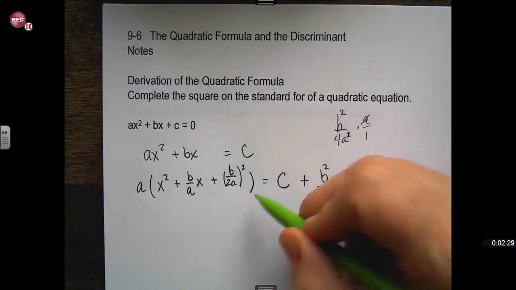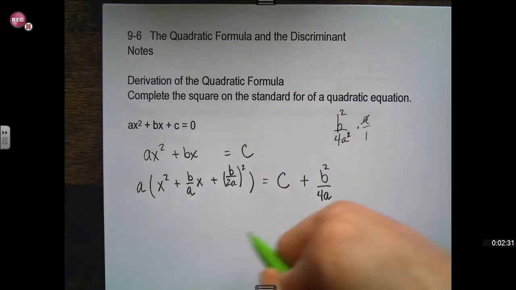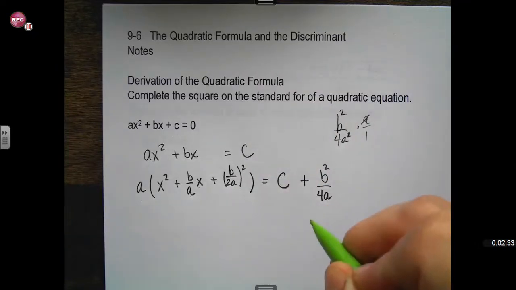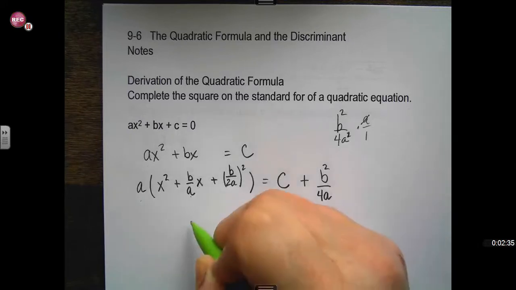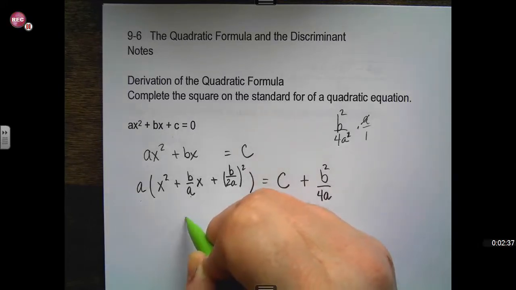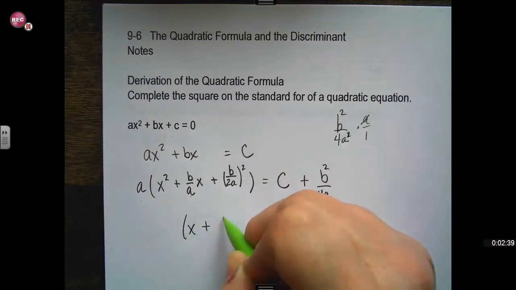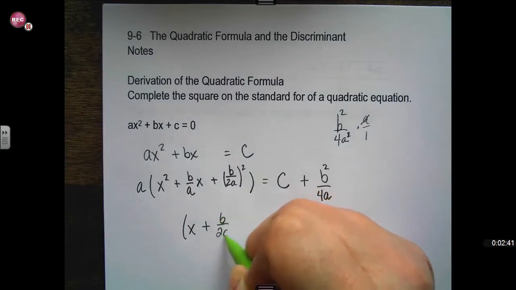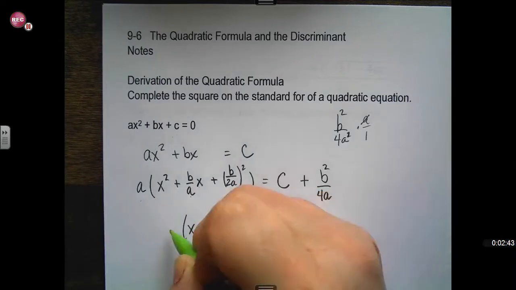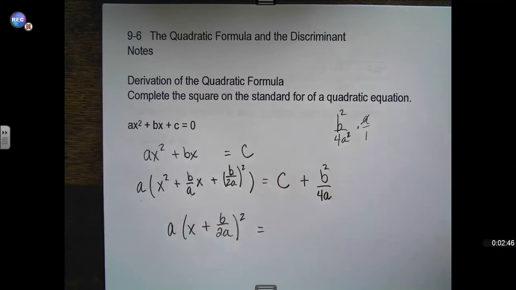Now I factor this and I get x plus b over 2a quantity squared. That a is still out front.